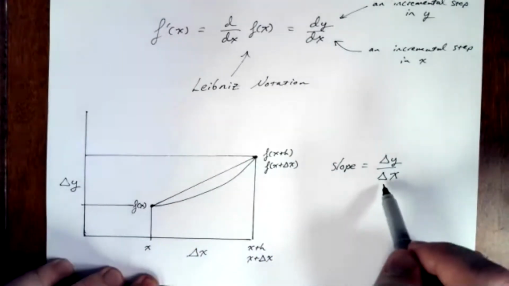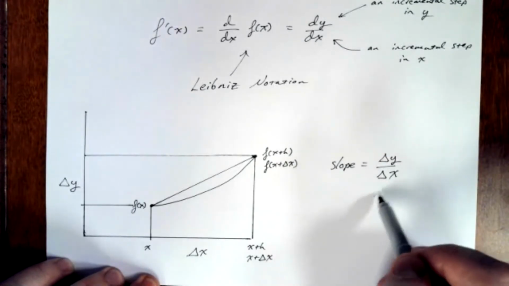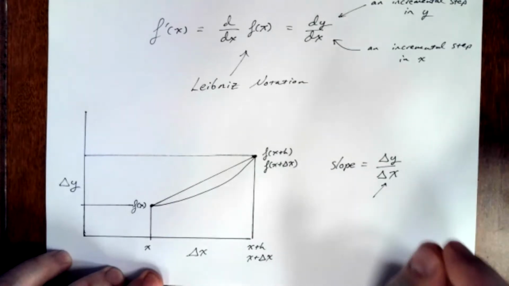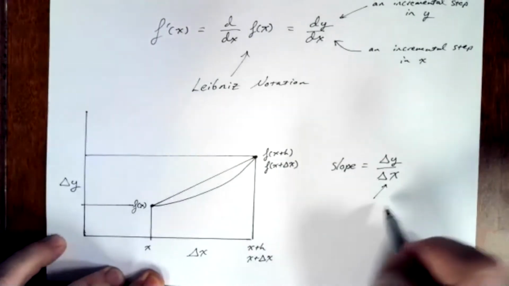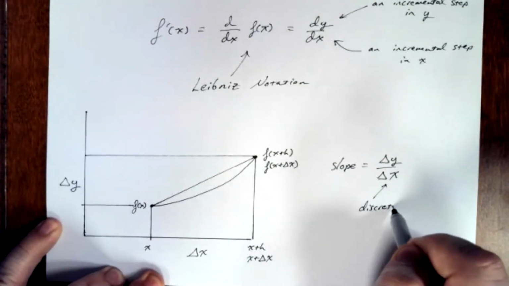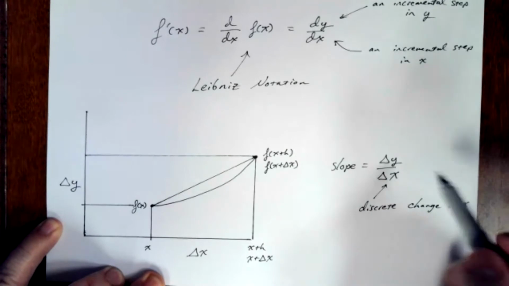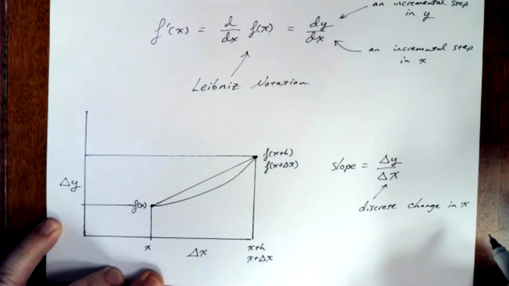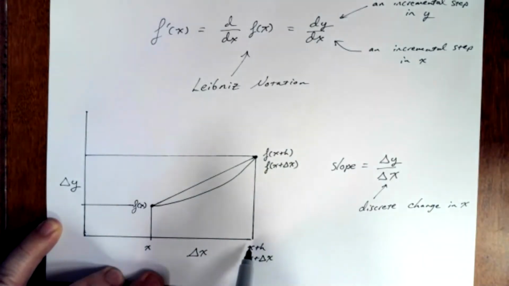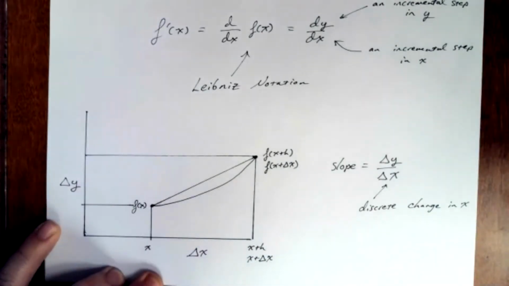And this delta x now really doesn't do it justice. This is a non-zero number, okay? This is a discrete change in x and a discrete change in y, meaning that I could measure them. If I set delta x equal to 0.2, I could find out what the delta y is, okay?